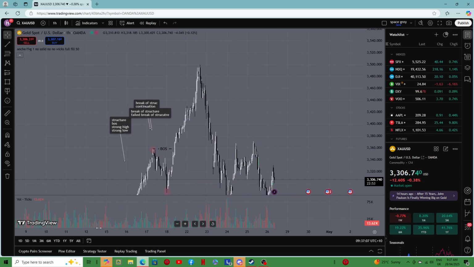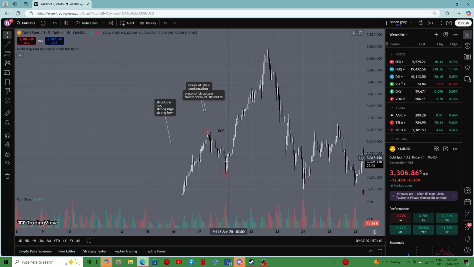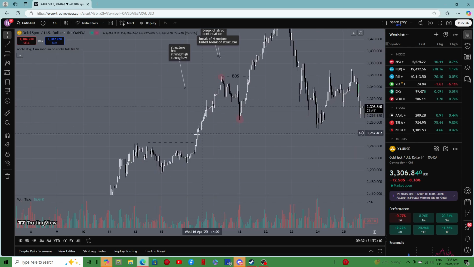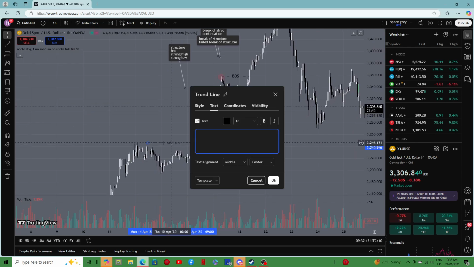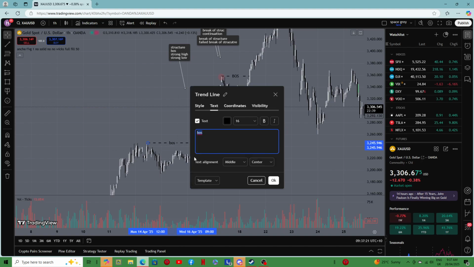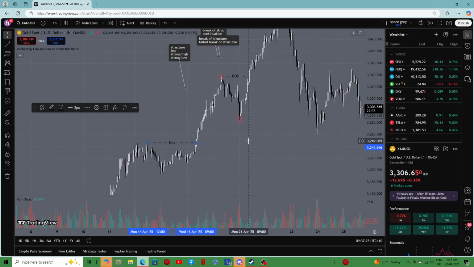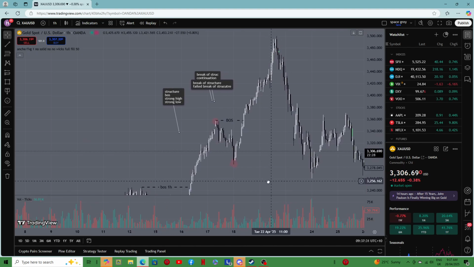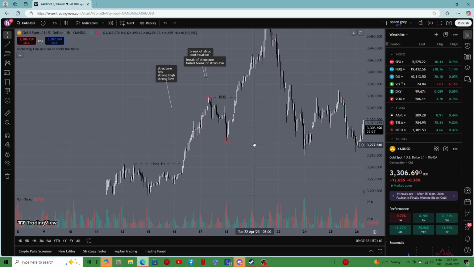So, looking at structure, uptrend, marking out all of the break of structures. Yeah, you might even put the time frame. So for us, we're on the 1 hourly. So just go through and do that.